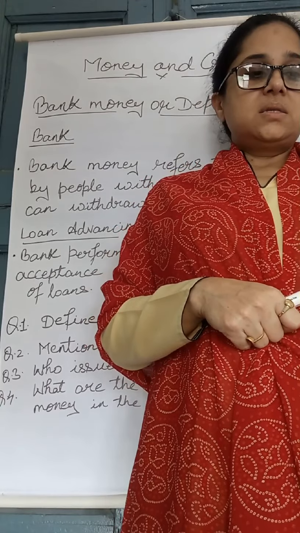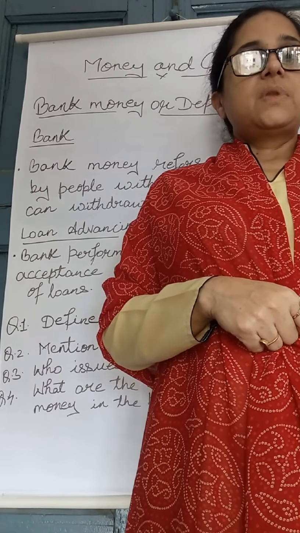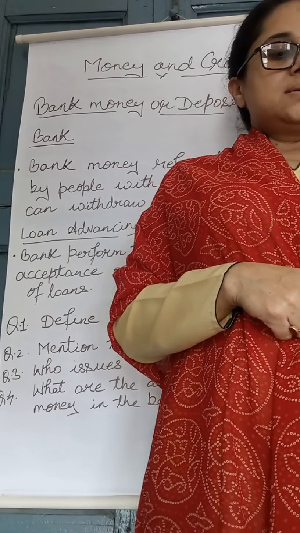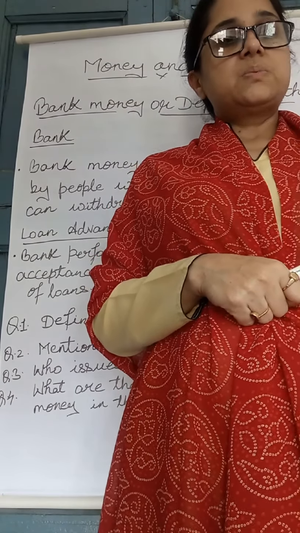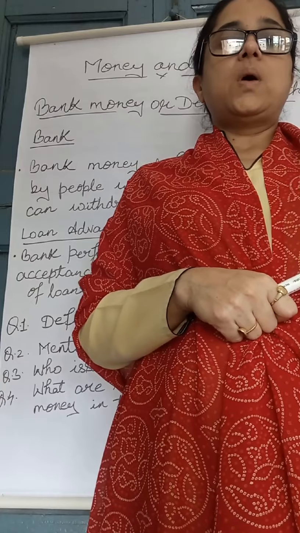Mohanlal's balance in his bank account reduces and Sohanlal's balance in his bank account increases by an amount of rupees 1 lakh.